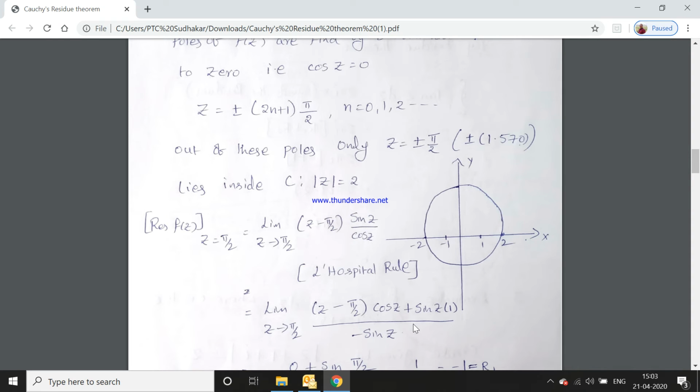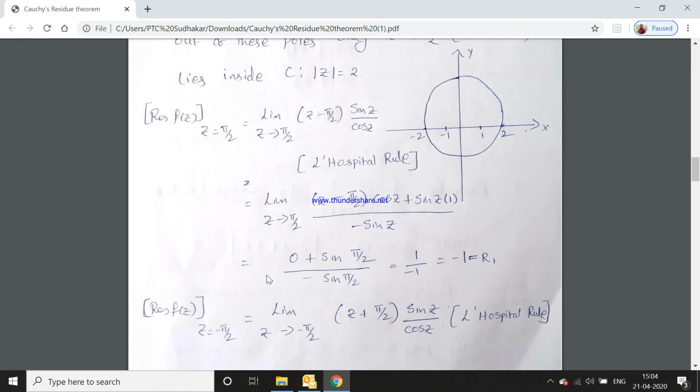The denominator cos z has derivative minus sin z. Now apply z tends to pi by 2: pi by 2 minus pi by 2 is 0, 0 into something is 0, plus sin pi by 2 which is 1, by minus sin pi by 2 which is minus 1. So 1 by minus 1 is minus 1, that is the first residue R1.